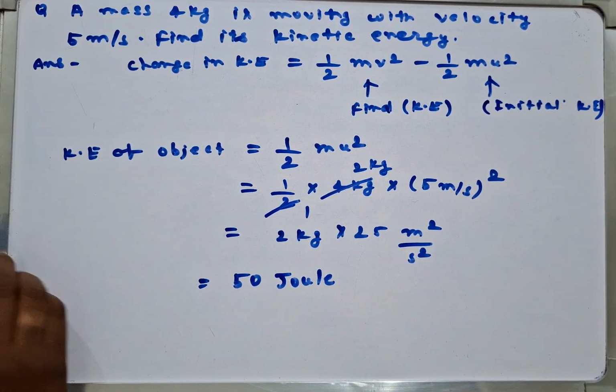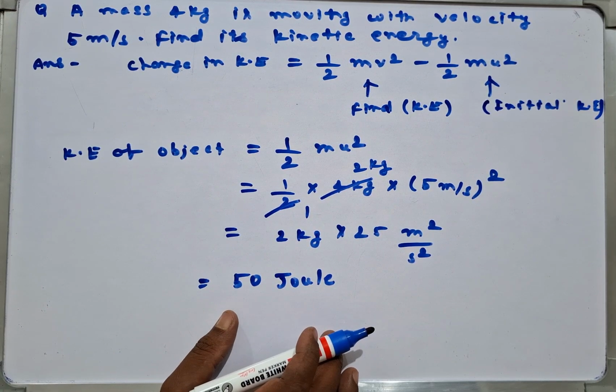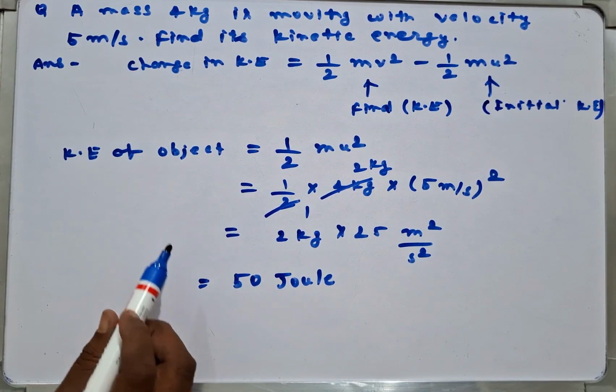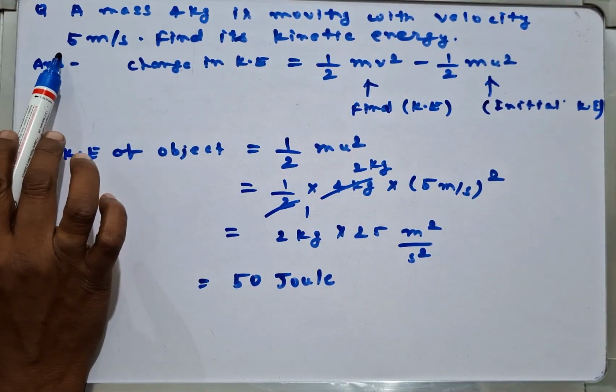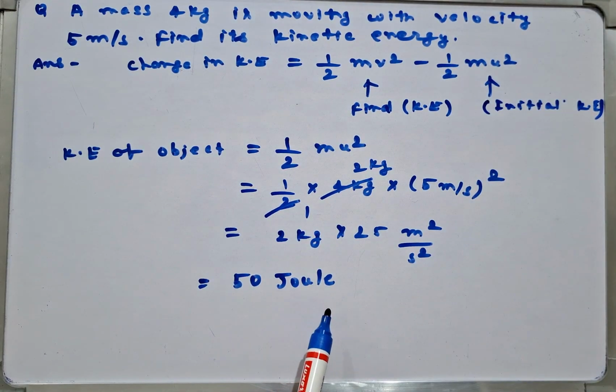So the kinetic energy of this object which is moving with velocity 5 meter per second is 50 joule. Okay, a question guys based on kinetic energy.